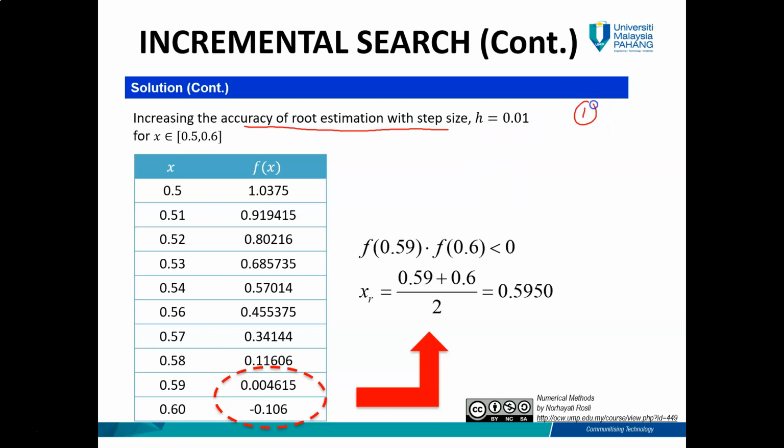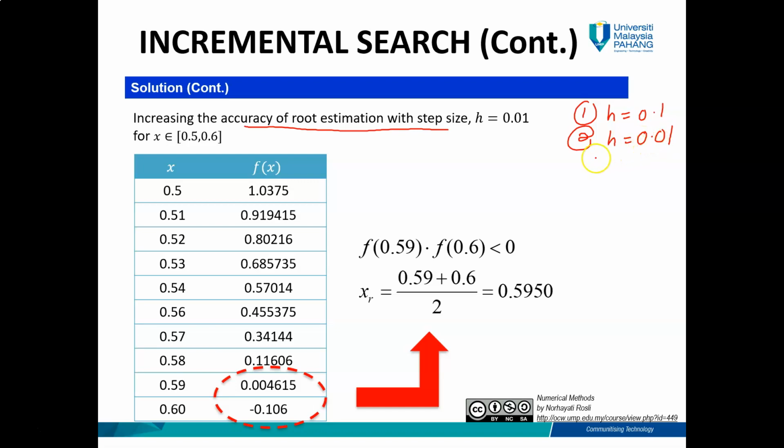For the first iteration, you have h equal to 0.1. When you go to the second iteration, you can set h equal to any value, but make sure it is less than 0.1. So class, in this case, I set my next step size as 0.01.